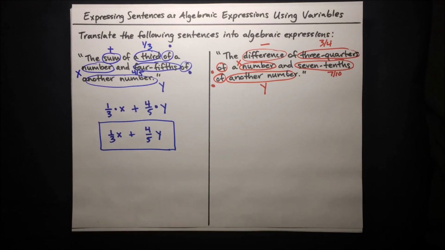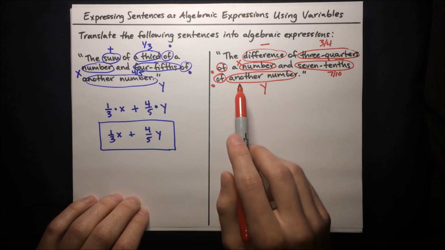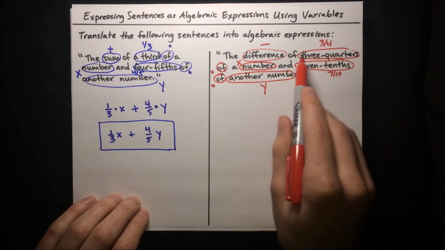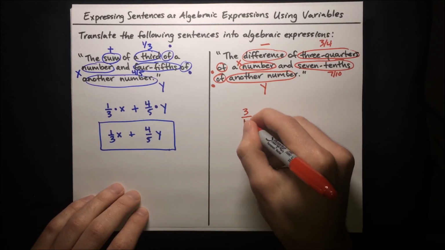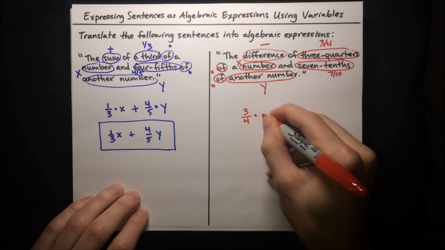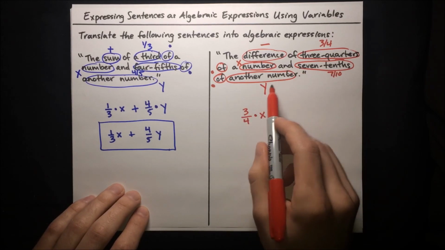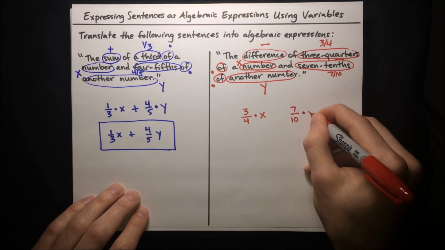Again, we want to do the multiplications first so that we can simplify how we're thinking about our sentence here. So first of all, there's 3/4 of x, 3/4 times x, so we'll just write 3/4 dot x, and then 7/10 of another number y, so 7/10 dot y.